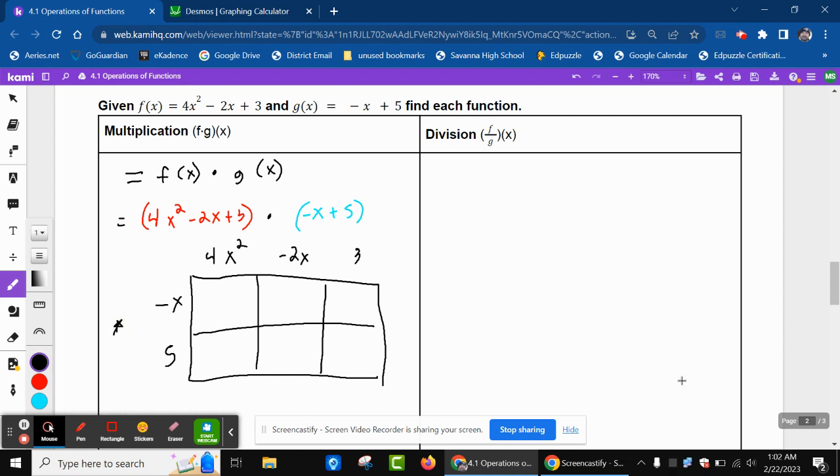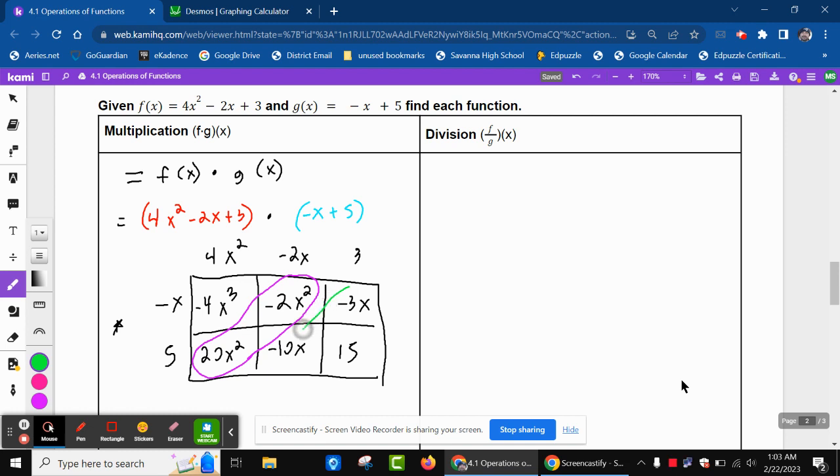So multiplying it out, I'm going to get negative 4x cubed minus 2x squared minus 3x, and then 4 times 5 is 20x squared, negative 10x, and 5 times 3 is 15. Now I'm going to circle what they have in common. These are the same. They both have x squareds.